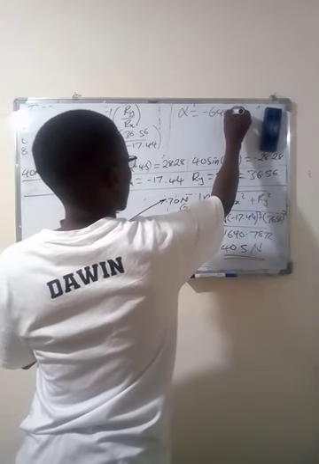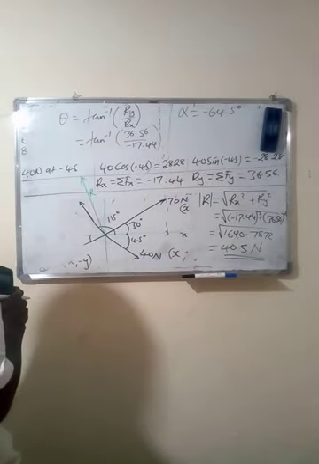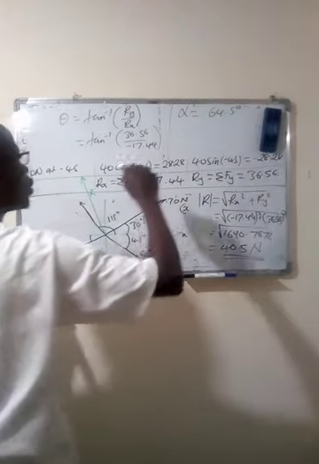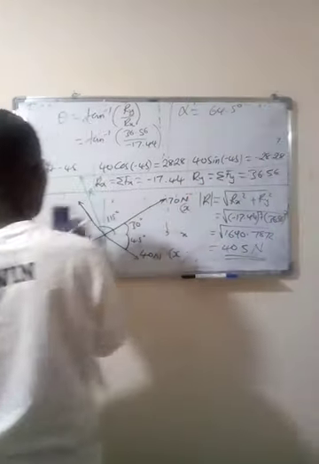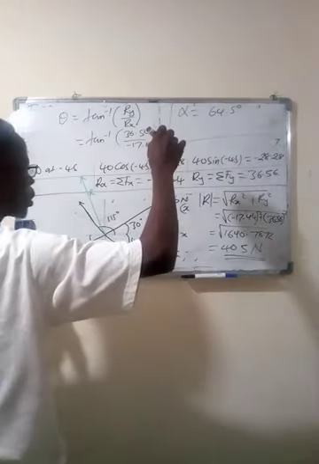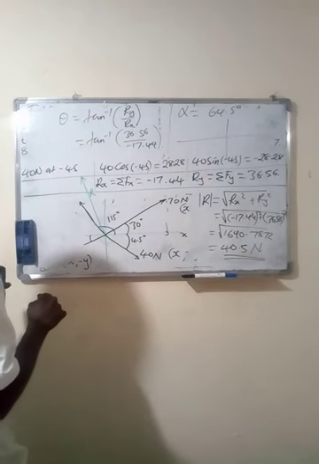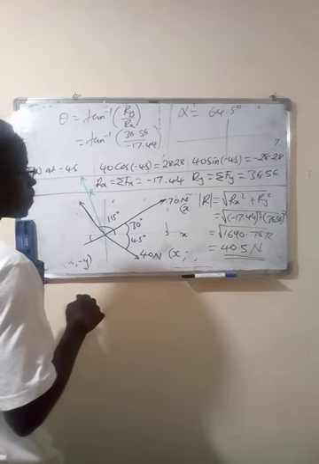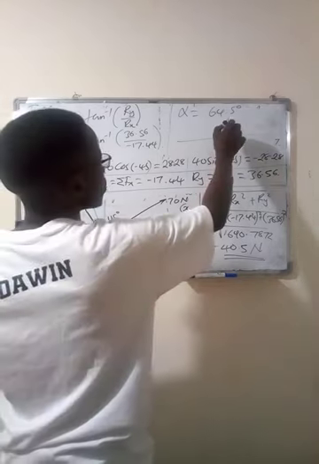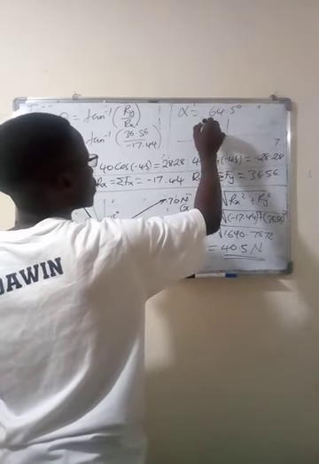Or we can remove the negative. It means that what we have is something like this. It's coming out somewhere here. So this is the 64.5 degrees. Now the angle that we are looking for really is this one, right?